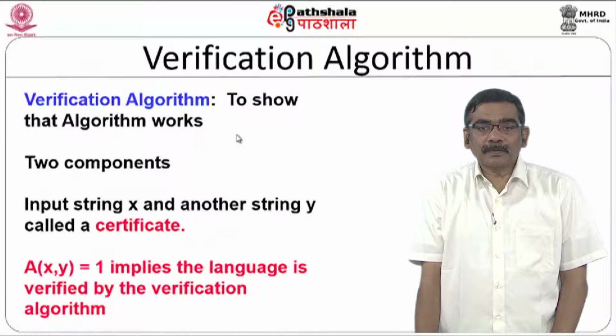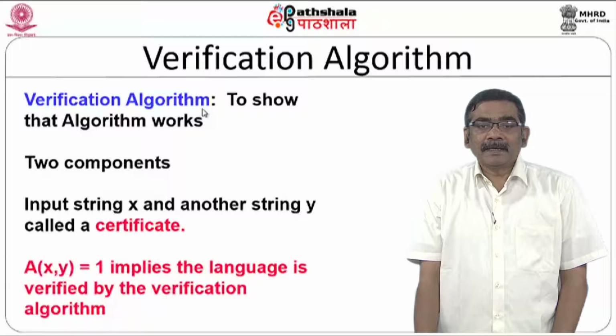So, the most crucial fact is verification. What is the philosophy behind that? The philosophy is very simple. Generation of the solution takes lots of time, but once a solution is generated, it is very easy to verify whether it is right or not.